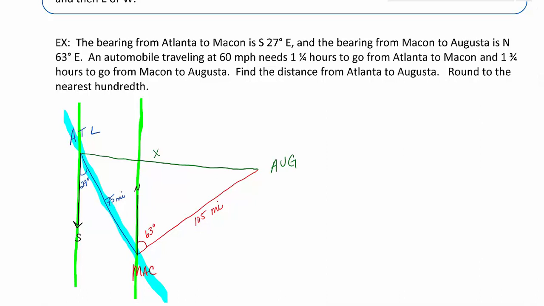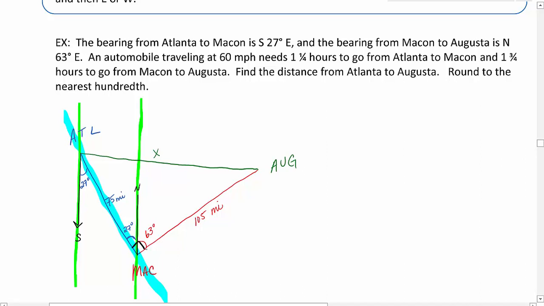Therefore, alternate interior angles are congruent, making this little portion right here 27 degrees. If we add 27 degrees with 63 degrees, we get 90 degrees.